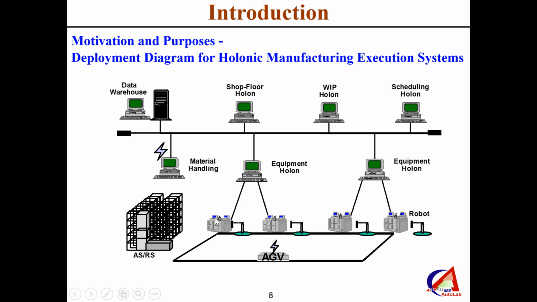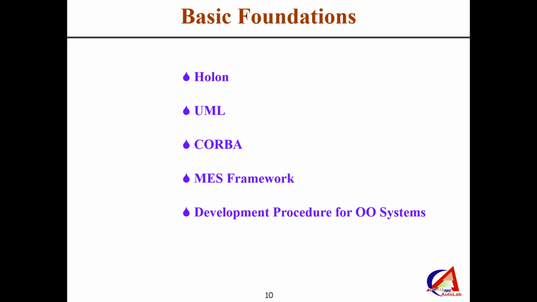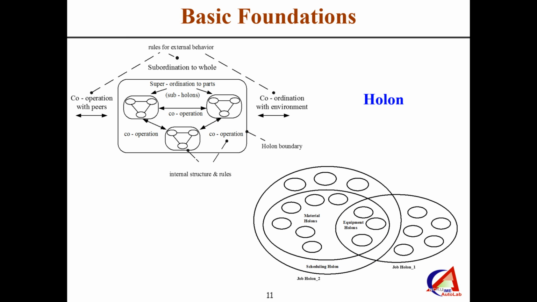Then the equipment will start processing, and during the processing, the manufacturing data will be sent through the equipment manager to the shop floor holon, and then, if necessary, sent to the customer. So this is some kind of cooperation. We can use the holon concept to explain it. Sometimes we call it some kind of agent.